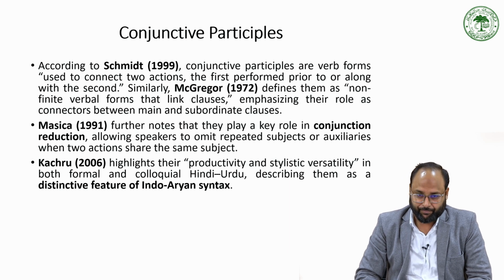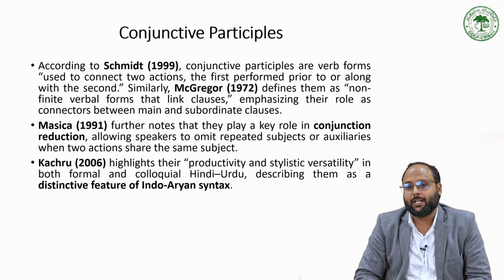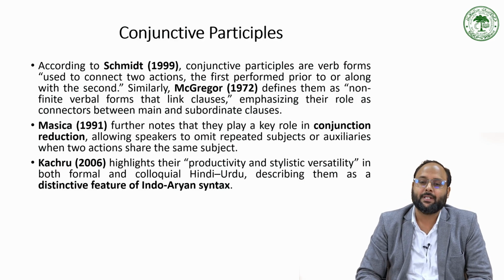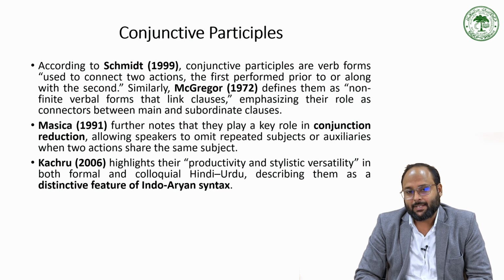Masica further notes that they play a key role in conjunction reduction, allowing the speaker to omit the repeated subject or auxiliaries when two actions share the same subject. So that is another role of the conjunctive participle. We are skipping the subject, not repeating the subject twice, but just adding with the conjunctive participle. वो सोकर खाना खाएगा.